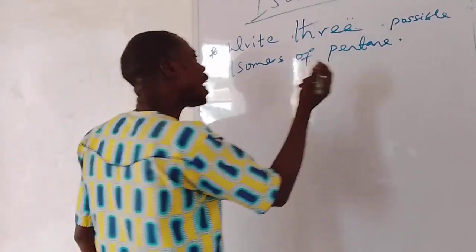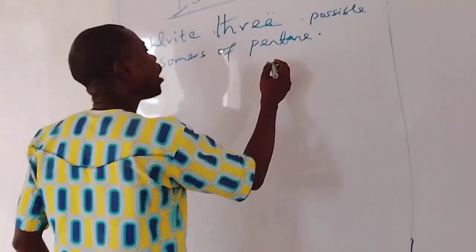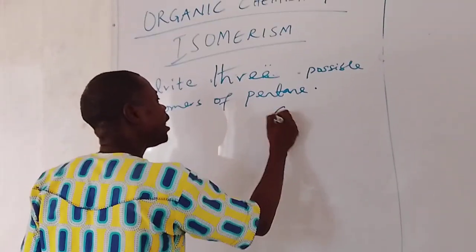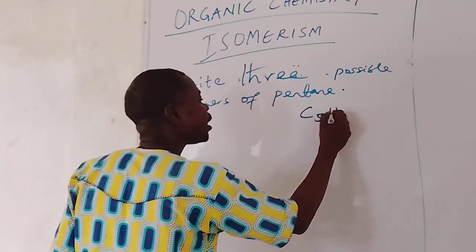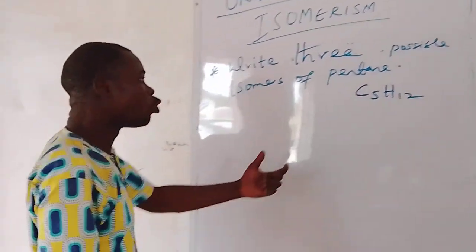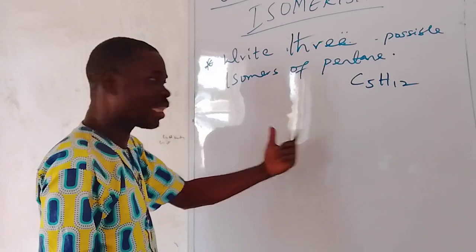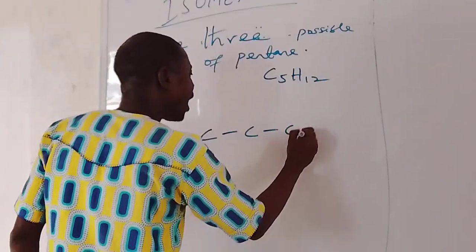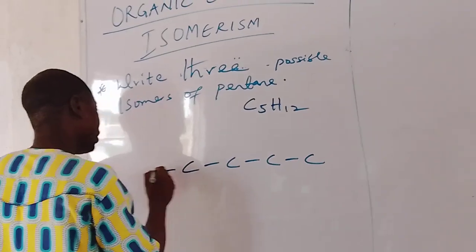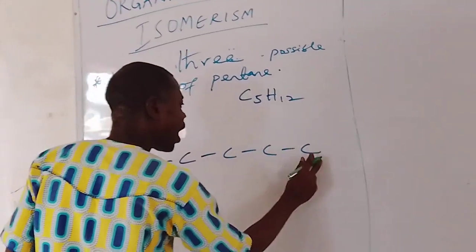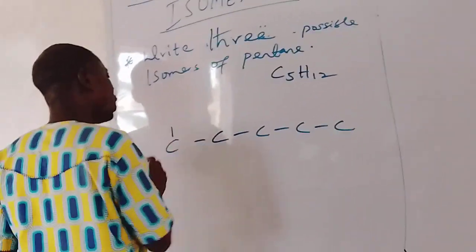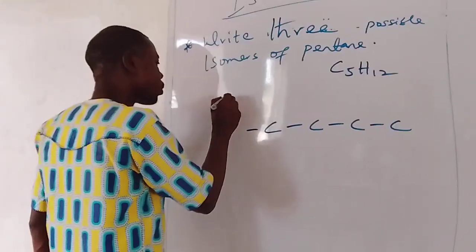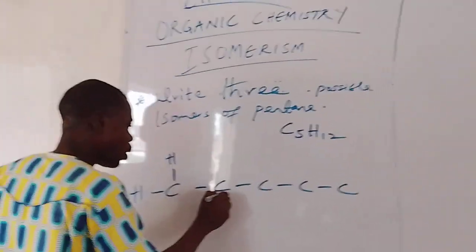Now, first and foremost, let's write the molecular formula of pentane. Pentane is C5H12. The next step is to draw the original structure of pentane, which is 5 carbon atoms: 1, 2, 3, 4, 5. I will label it this way.